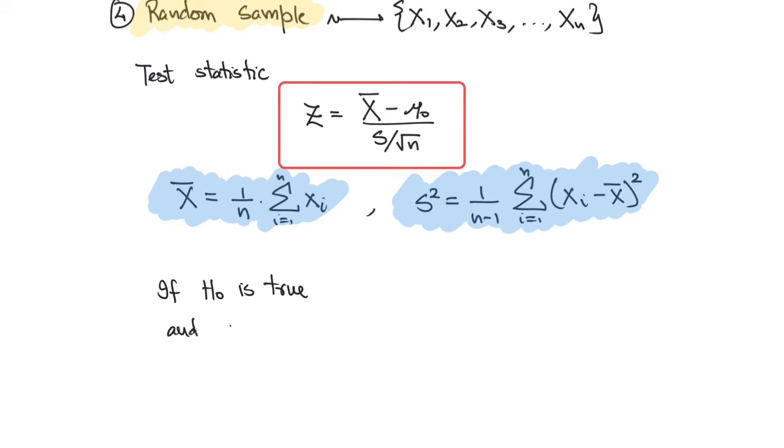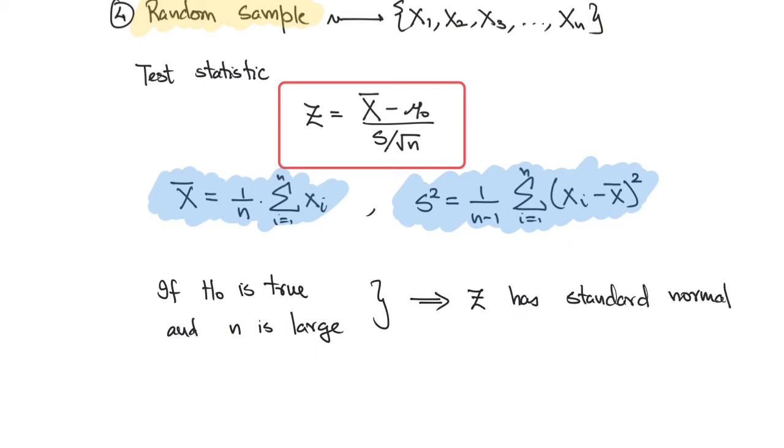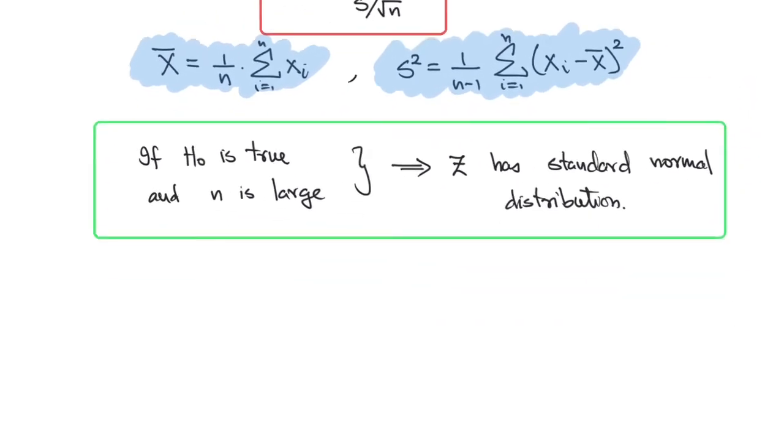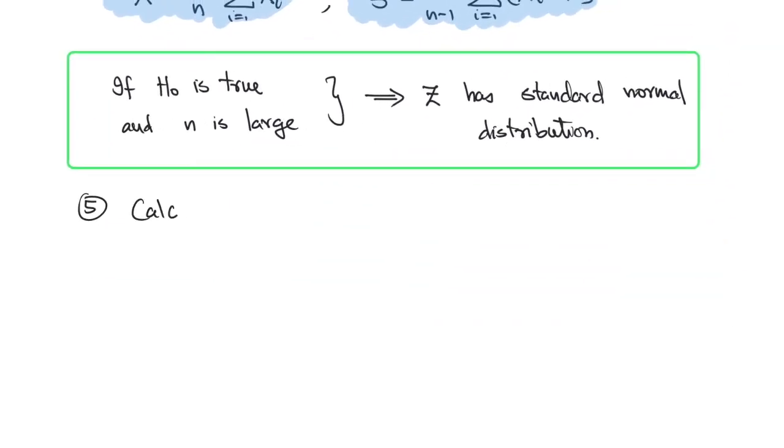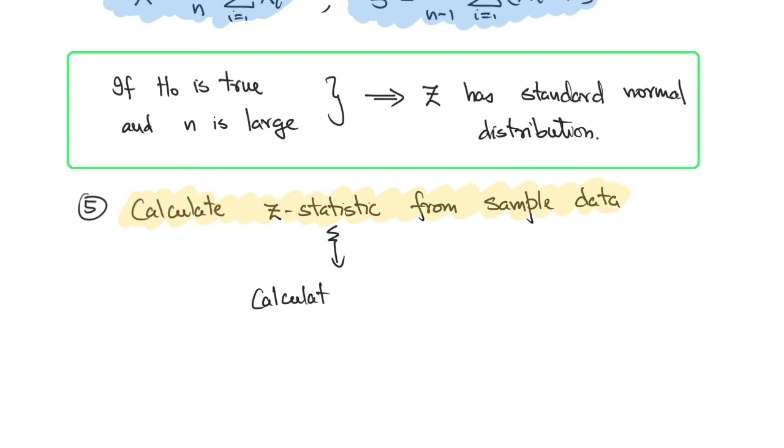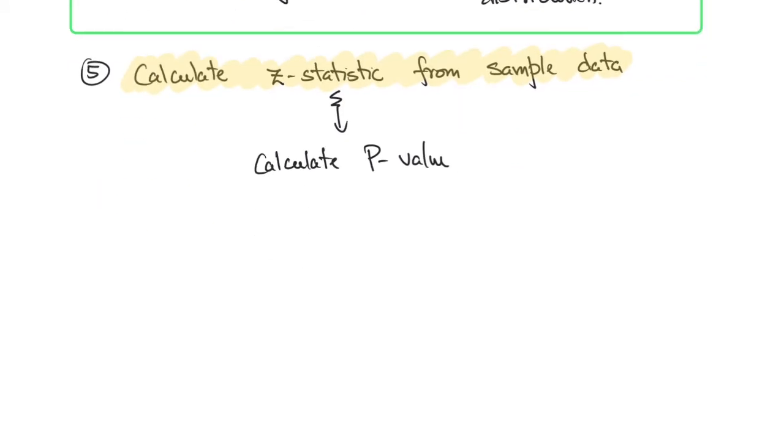Now, if the null hypothesis is true and n is large, z will have the standard normal distribution. We can use this distribution and the z statistic calculated from sample data to calculate our p-values in the three cases of the alternative hypothesis.